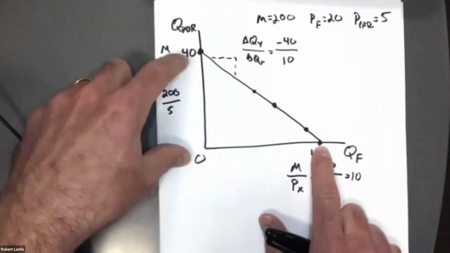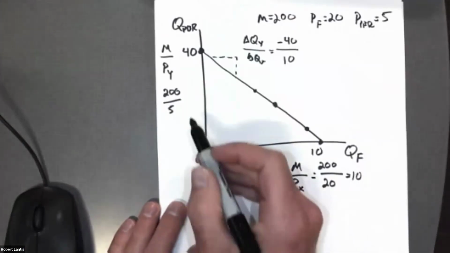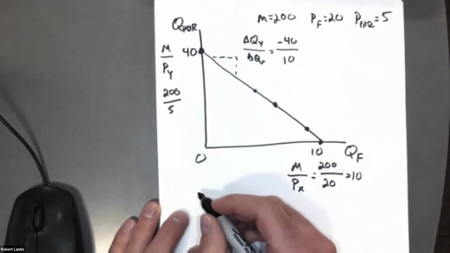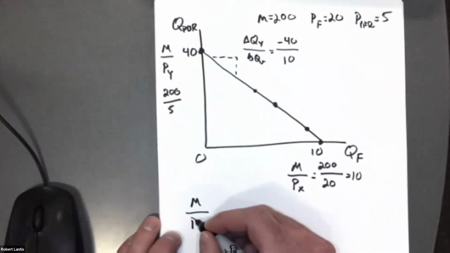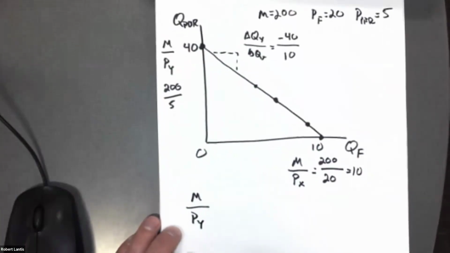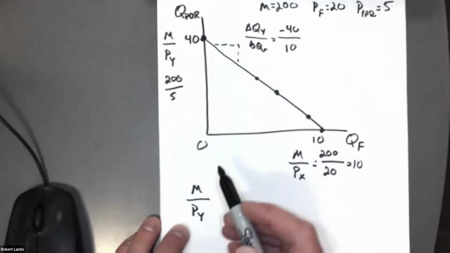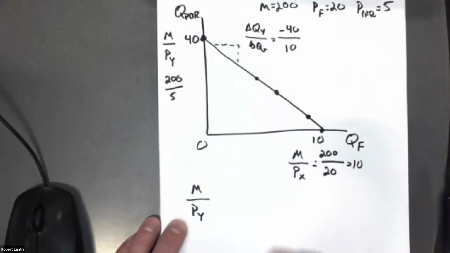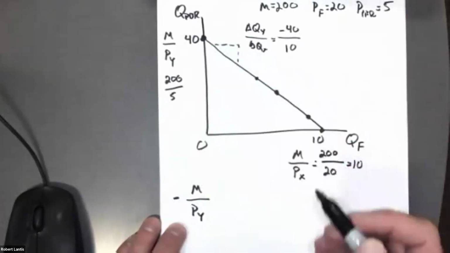I was taking the change in the quantity of y over the change in the quantity of x. What is the change in the quantity of y always going to be? Well, it's going to start out as m over the price of that y good, and then go to 0. So this minus 0 would just be this, technically negative, because I'm going down.